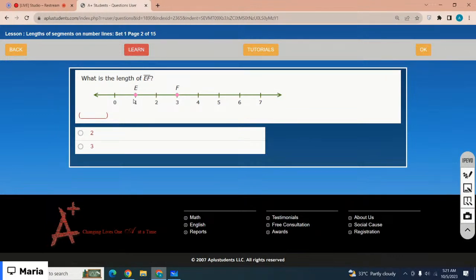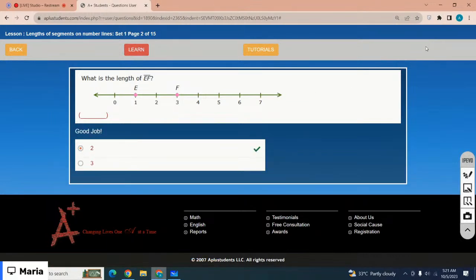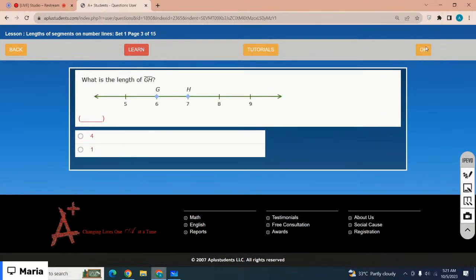The coordinate for E is 1 and F is 3. You can just subtract them, 3 minus 1, and then calculate the absolute value. So the length of the line segment is always a positive value. What is the length of GH, which is the correct option?